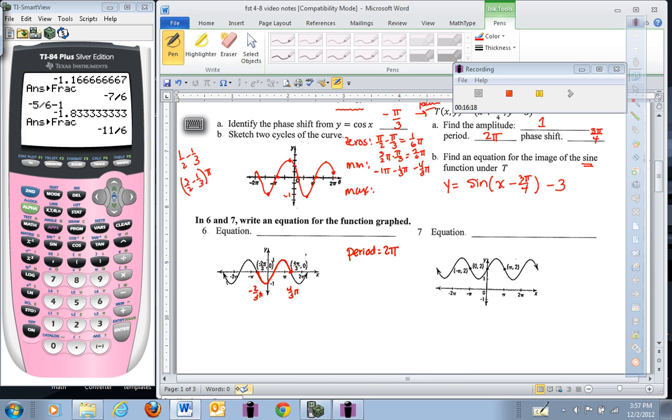Okay? Now, we need to figure out how far this thing has been translated, either to the left or to the right. Remember on your sine function on your parent graph, you want to find this point. It's halfway between your minimum and your maximum when the function is increasing. So it would be this 0 right here in the middle of that period that we'd want to find. Okay?